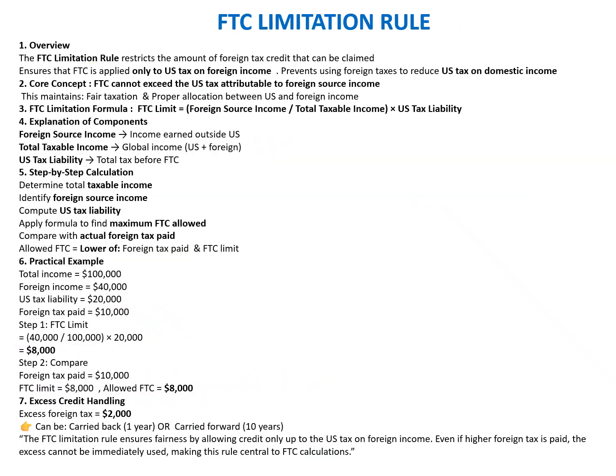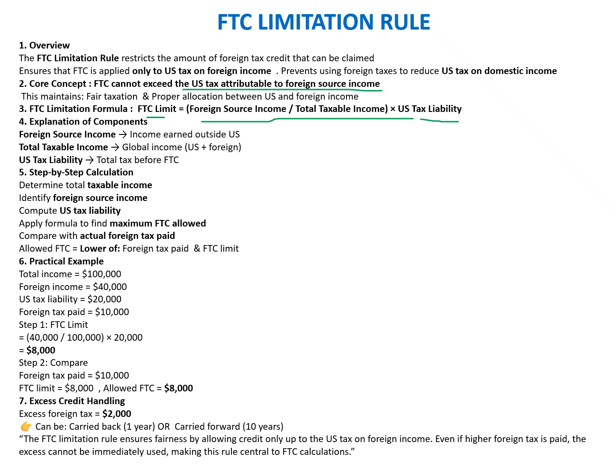Okay, so let's understand the concept of the FTC limitation rule. The FTC limitation rule restricts the amount of foreign tax credit that can be claimed. What does this mean? It means the FTC cannot exceed the US tax attributable to the foreign income. There is a formula to do the correct calculation. The FTC limit is foreign source income divided by total income, multiplied by the total tax liability.